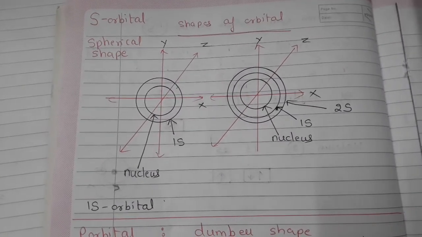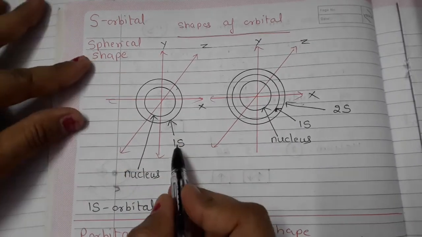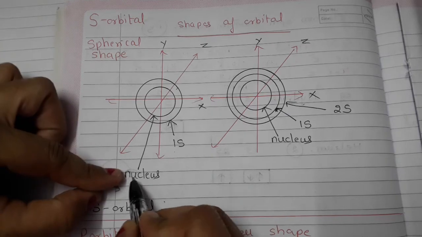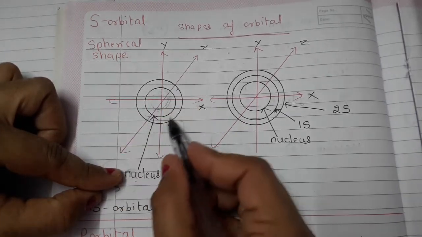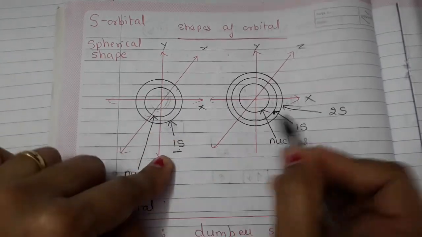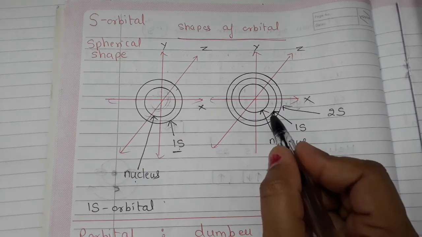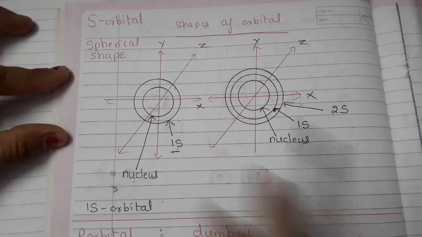S orbital is spherical in shape. I have written spherical in shape. Now just look at here, I have written nucleus. Okay, so this is the nucleus, this region is nucleus, and around this the orbital which is present is 1s. After 1s, just look at this diagram, after 1s the next orbital is 2s. So this is the shape of s orbital.